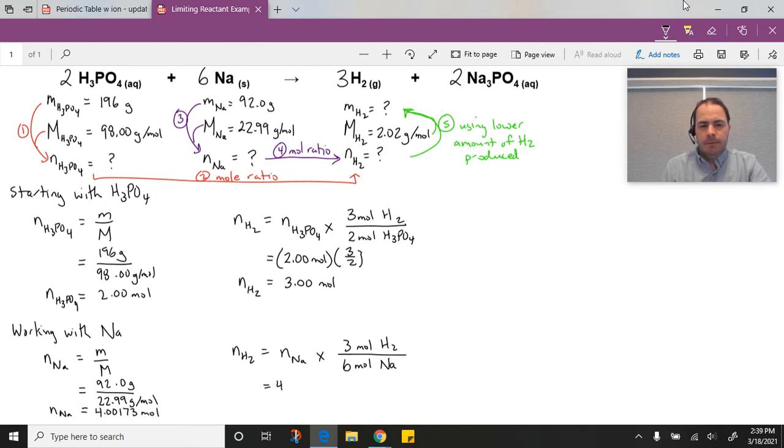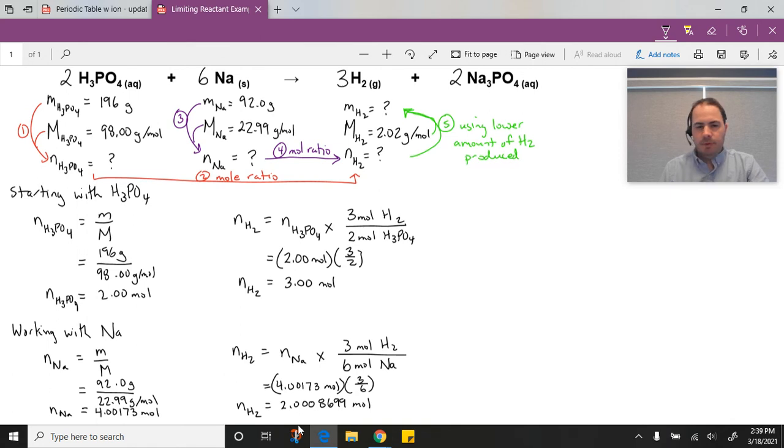So we take our 4.00173 moles and multiply by 3 over 6, which is really just dividing by 2. And we would get 2.008699 moles. So there's our moles of hydrogen.